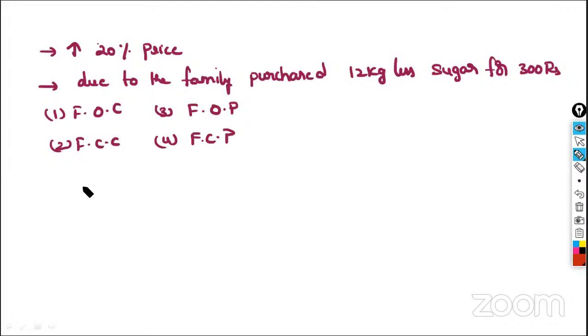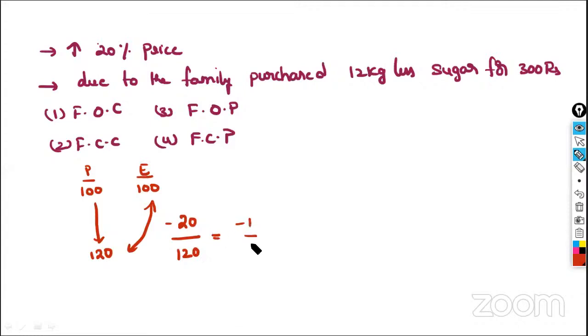See, initially price is how much? 100. Expenditure is how much? 100. Then price is increased 20%, that means 120. The expenditure remains constant now. How much am I getting less? 20 parts less now. So minus indicates I am getting less consumption. So upon 120, the fraction value is what? 1 by 6.